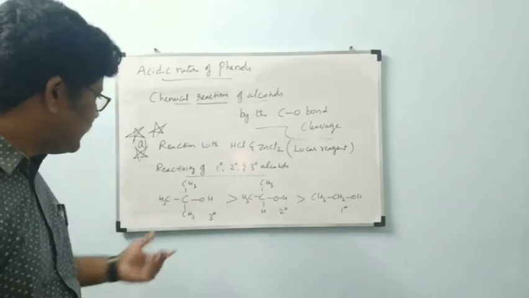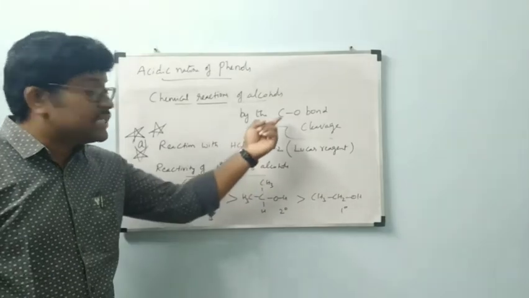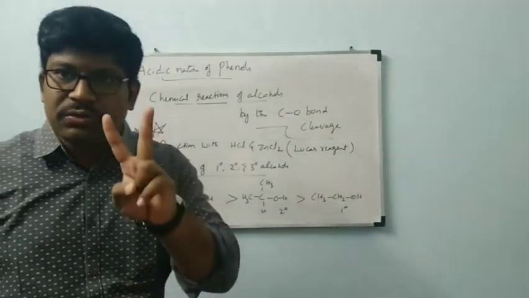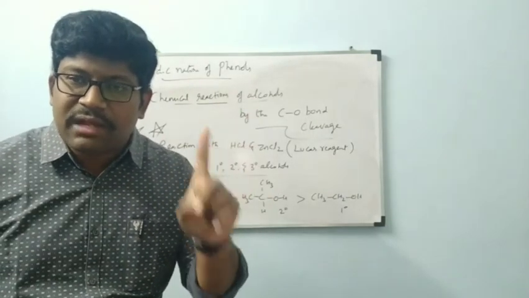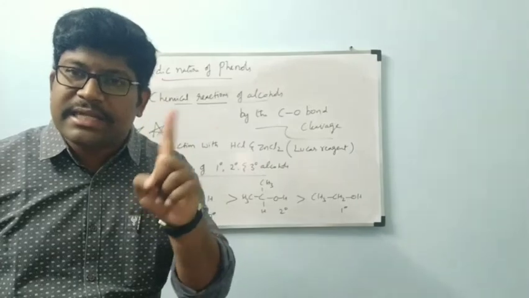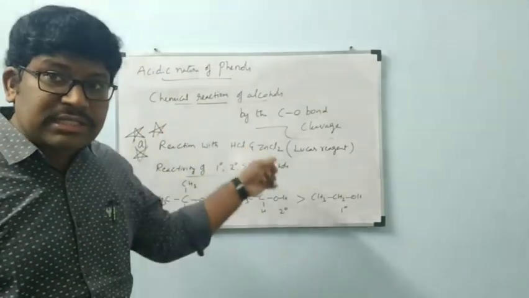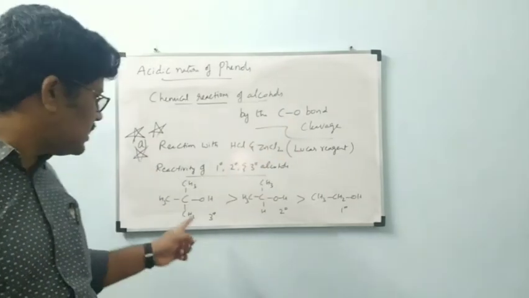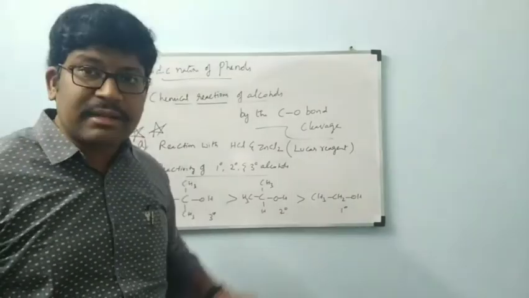Now, reactivity of primary, secondary and tertiary alcohols with respect to CO bond cleavage. Sir, you are telling different types of reactivity. Only two types of order I wrote. That is OH bond cleavage reactivity of alcohols: primary is greater than secondary, secondary is greater than tertiary. With respect to CO bond cleavage, the order is tertiary is greater than secondary, secondary is greater than primary.